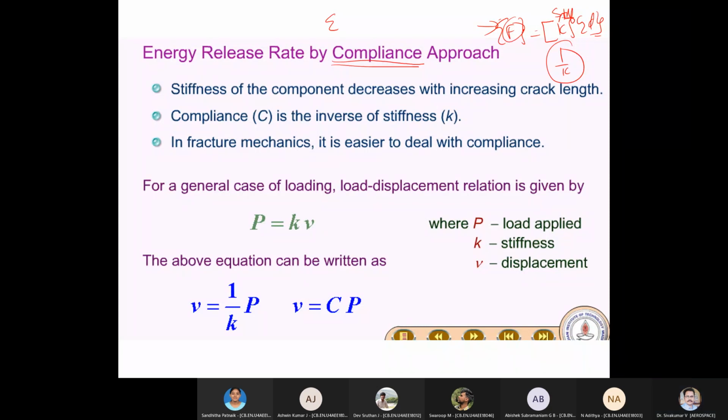If it is advancing, it will decrease, sir. All of you say decreasing. Oh, just a minute.